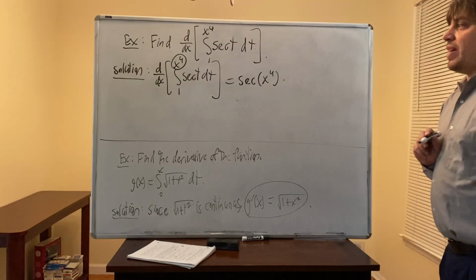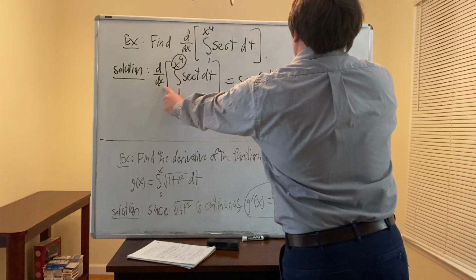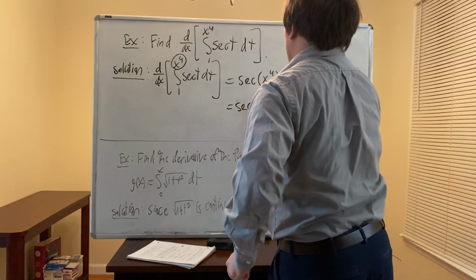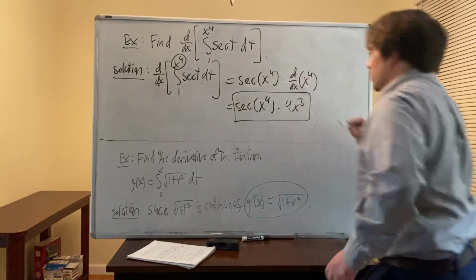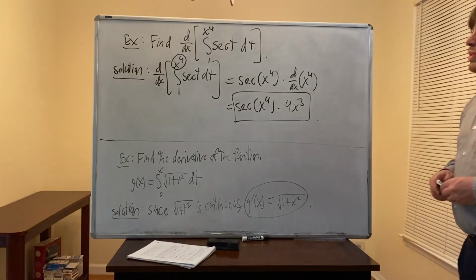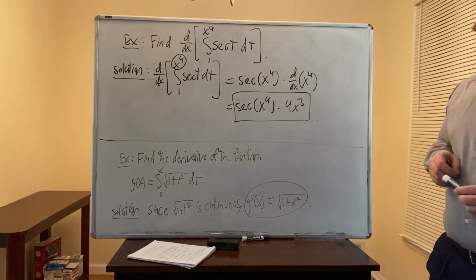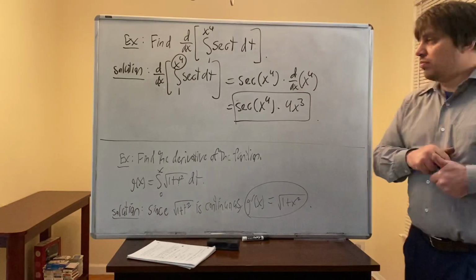This is a function of x and you're differentiating with respect to x, so multiply by the derivative of x to the 4th. What you get is secant of x to the 4th times 4x cubed. That's the answer.